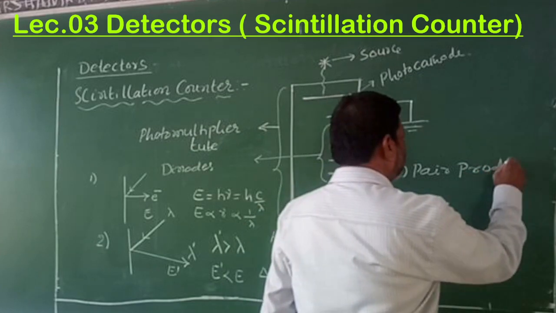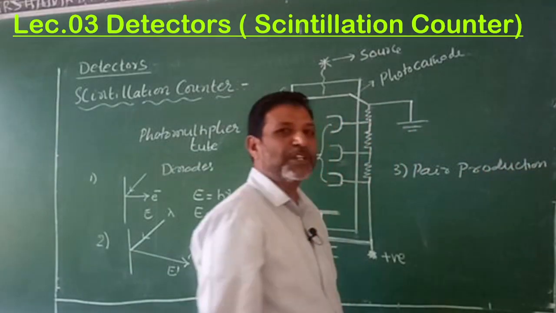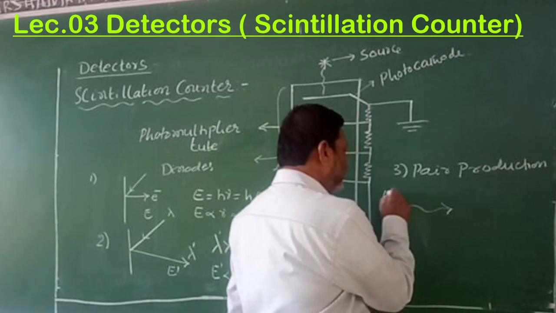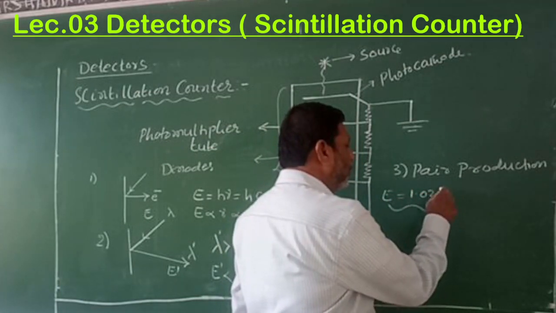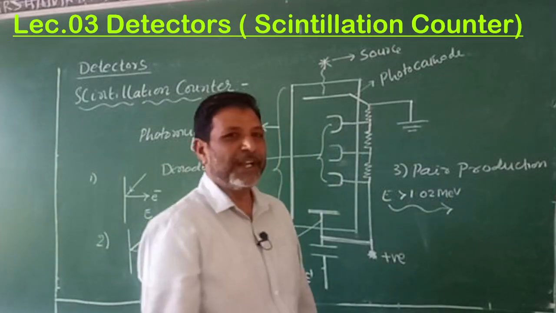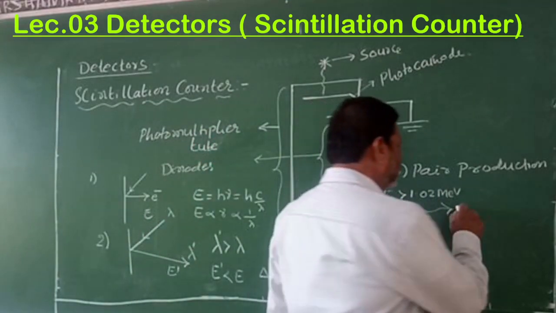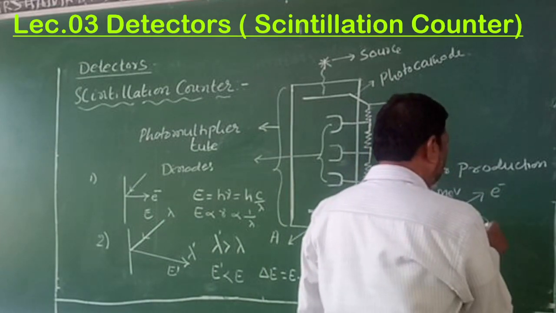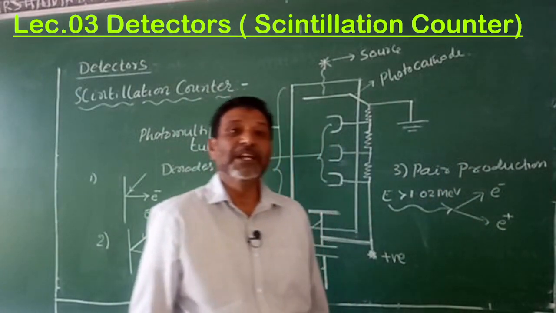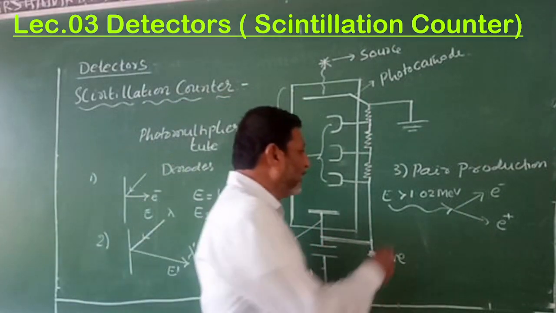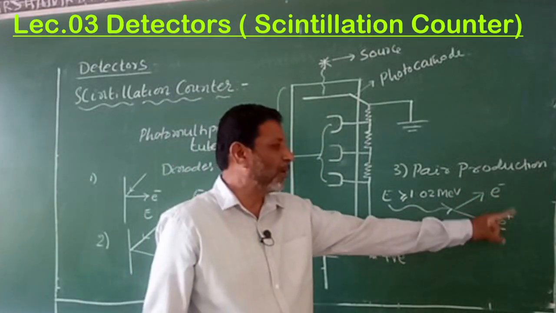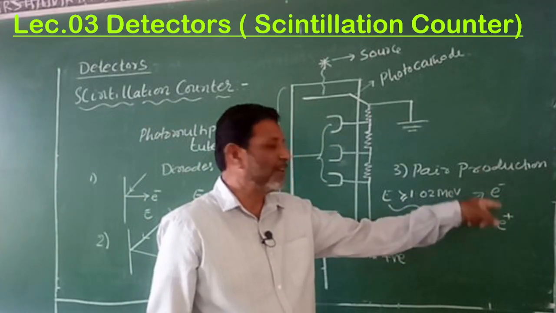When a photon of energy E equal to 1.02 million electron volts or greater, then this photon splits into a pair of an electron and a positron. This is known as pair production.